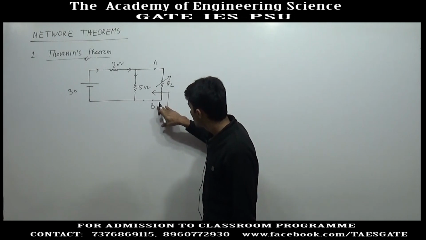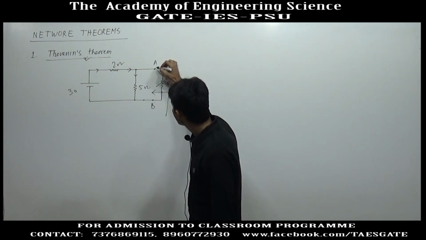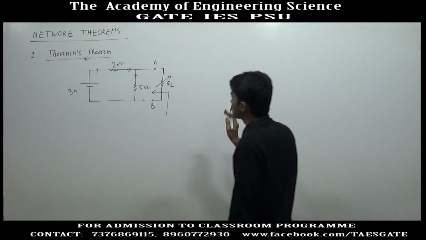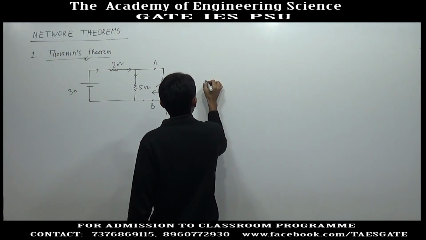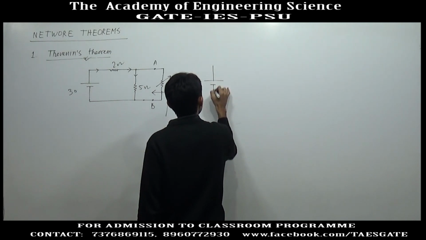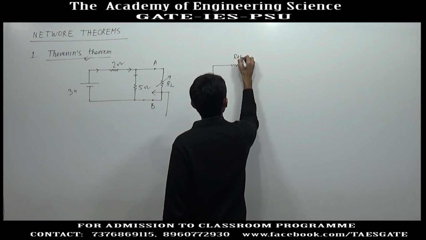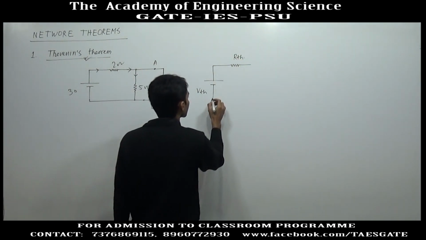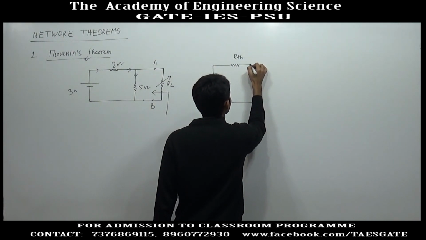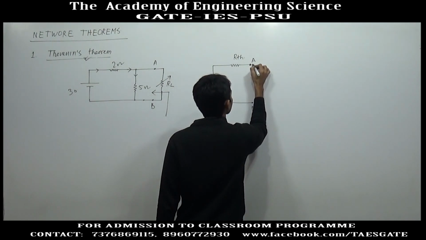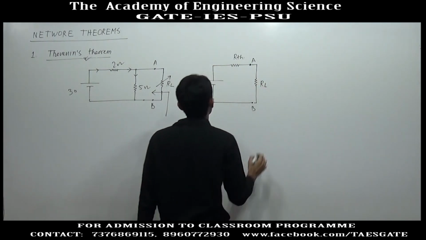Suppose we are transforming this circuit about points A and B, applying the transformation to the left of points A and B. So Thevenin proposed that this circuit can be transformed into a new circuit consisting of a voltage source VTH and a resistance RTH, both connected in series, and here we have terminals A and B, and here we can connect the varying resistance RL.